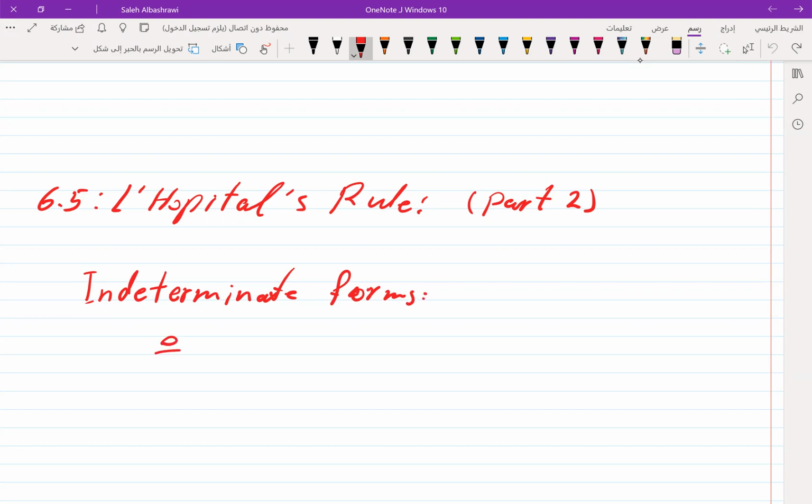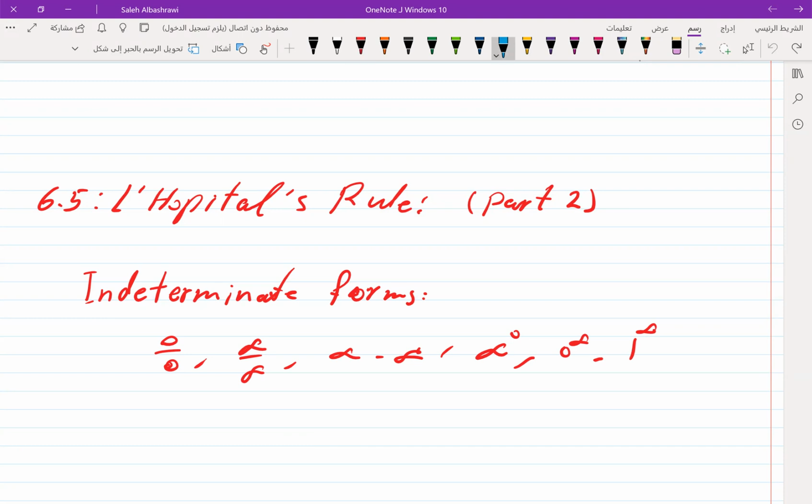We have 0 over 0. We have infinity over infinity. We have infinity minus infinity. We have infinity to power 0 or 0 to power infinity or 1 to power infinity or also 0 multiplied by infinity.